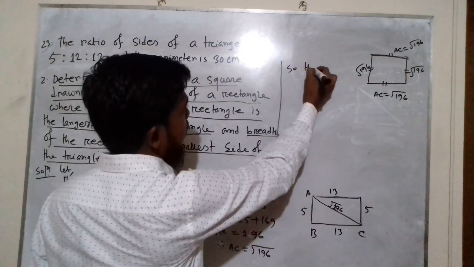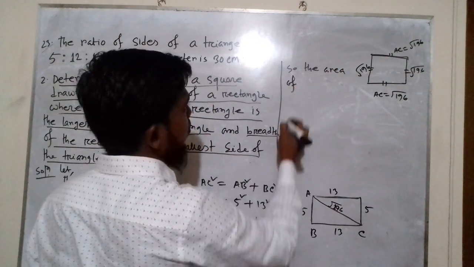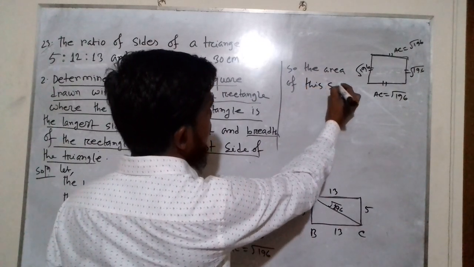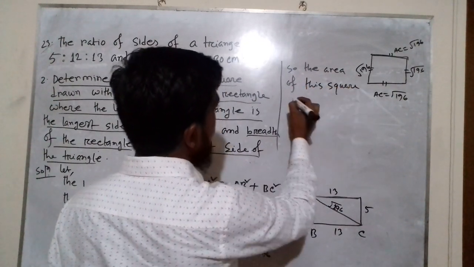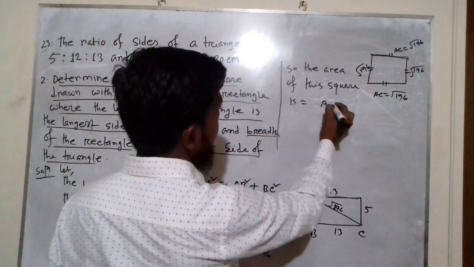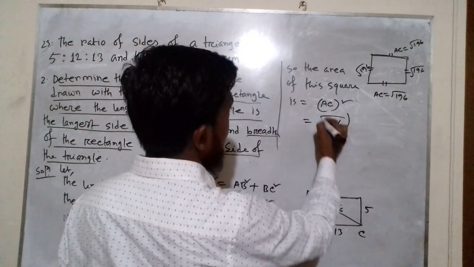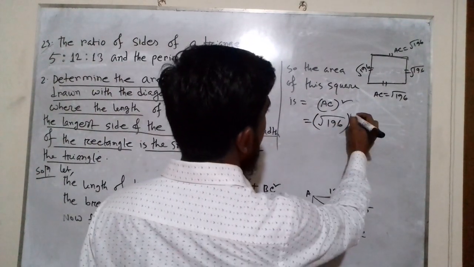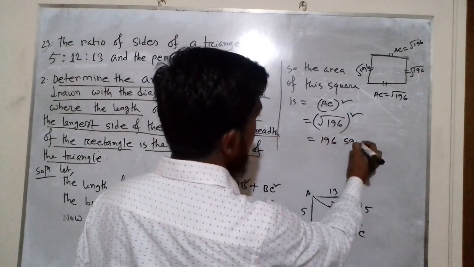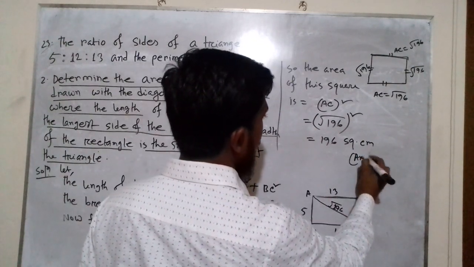So the area of the square is root over AC square. This is equal to root over 196 whole square, equal to 196 square centimeter. This is the answer.